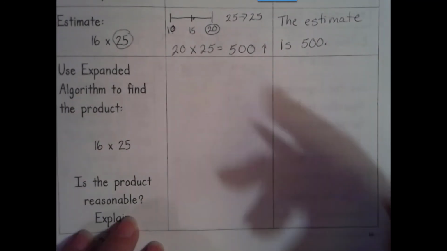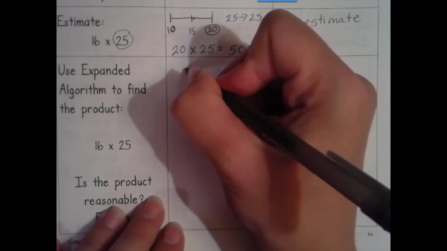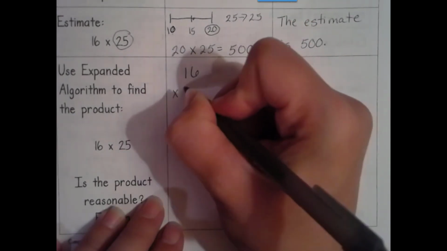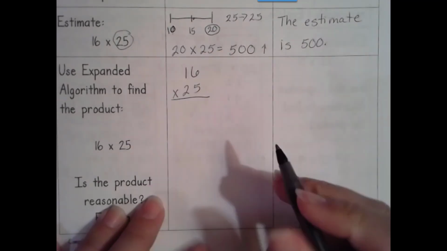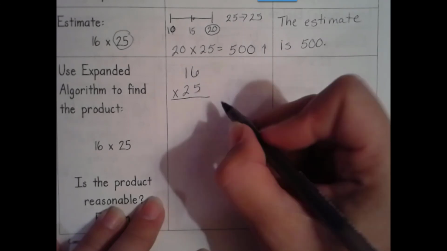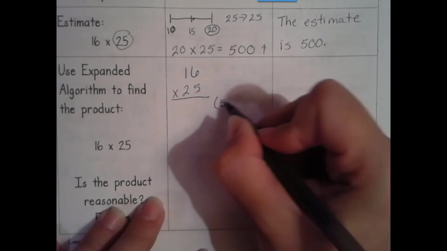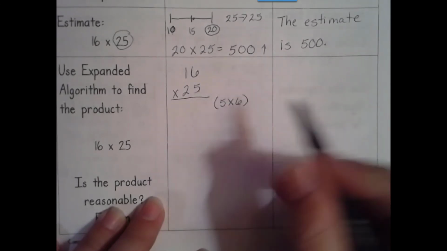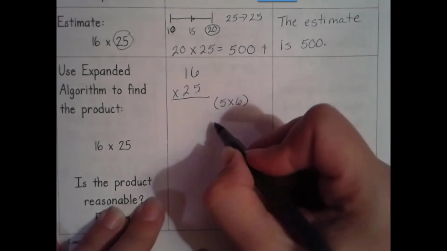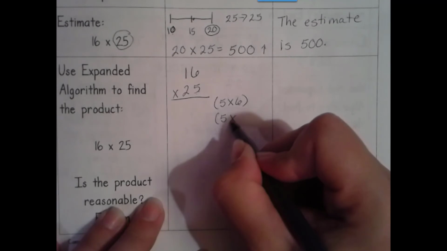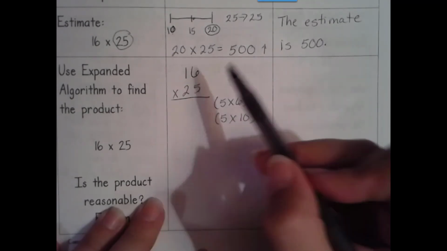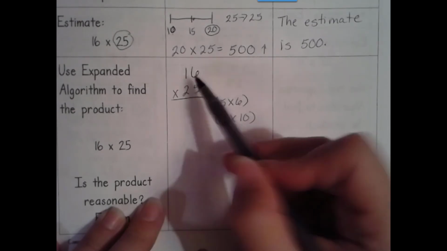All right, so 16 times 25. I'm going to do 5 groups of 6. And then 5 groups of 10. 20 groups of 6.